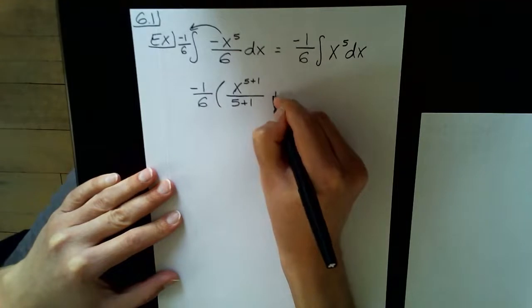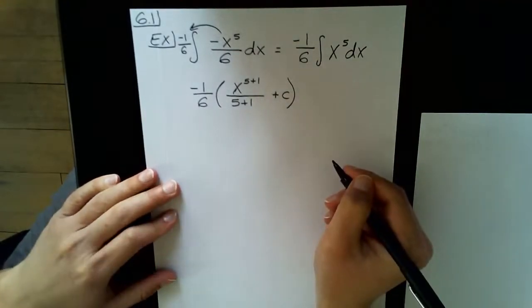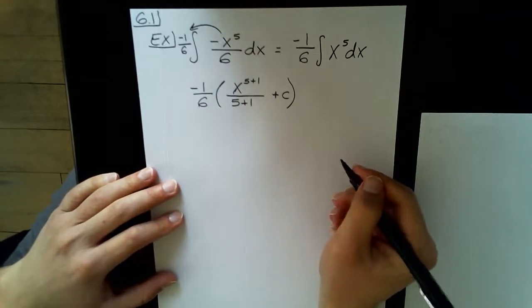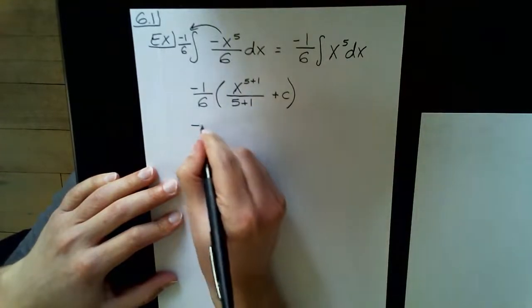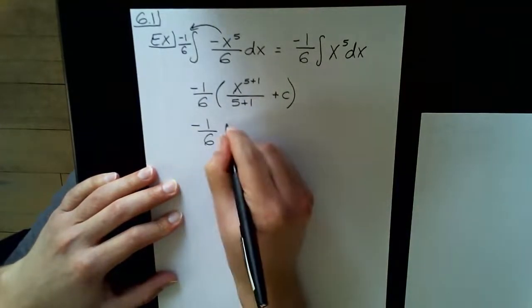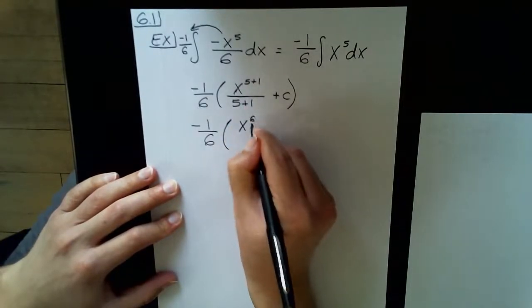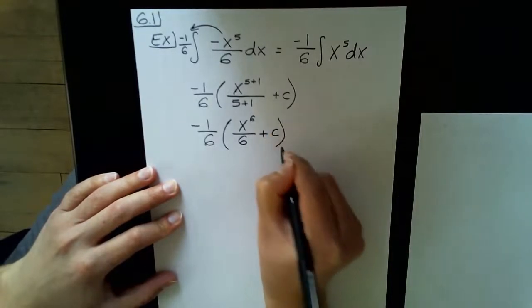And always remember, we get a plus c for whatever constant was lost when we took the derivative. So, from here, we start simplifying. We have negative 1/6 times x to the 6th over 6 plus c.